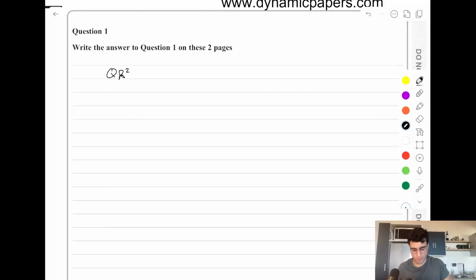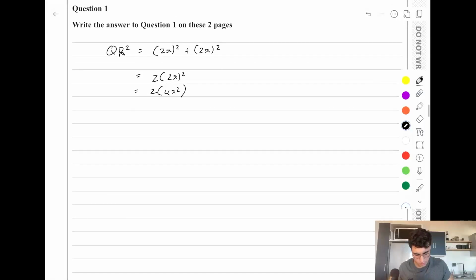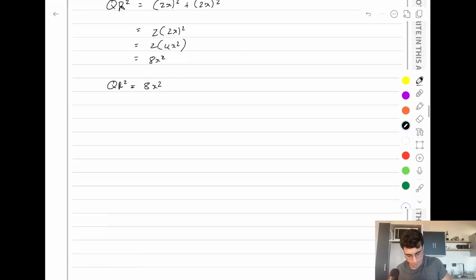I'm going to say that QR squared is going to equal 2x squared plus 2x squared. So therefore QR squared is equal to 2 times 2x squared, which is equal to 2 times 4x squared, and as a result, from there, what we're going to get is 8x squared. So QR squared is equal to 8x squared.